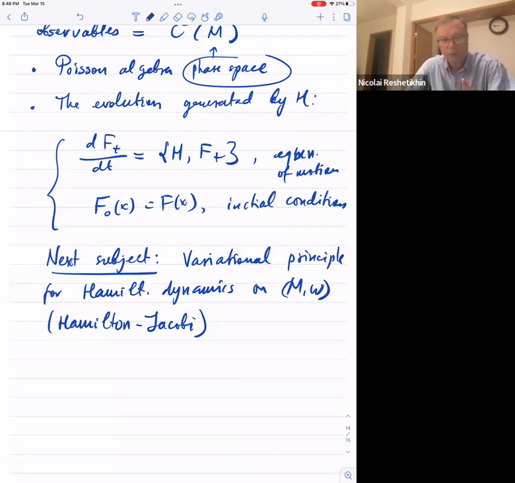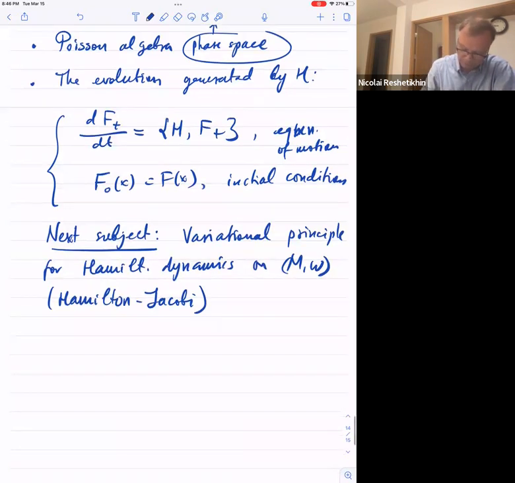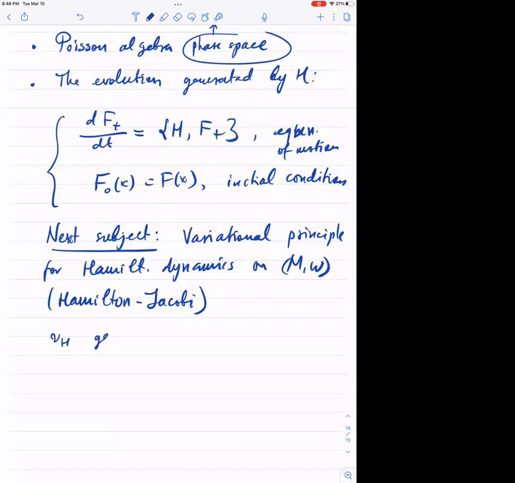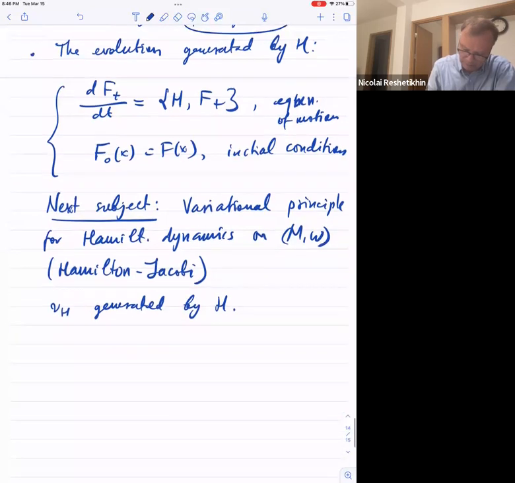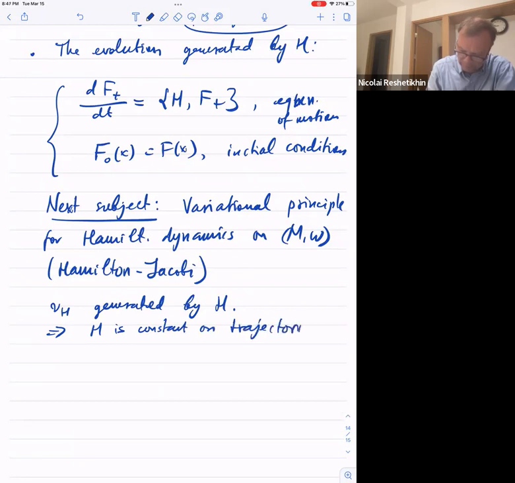Okay. So you see, Hamiltonian dynamics is very special because it's generated by the Hamiltonian. So V_H is generated by the Hamiltonian. And as a consequence, H is constant on trajectories. So you can reduce your dynamics to level surfaces of H, from 2n-dimensional manifolds to (2n-1)-dimensional manifolds.